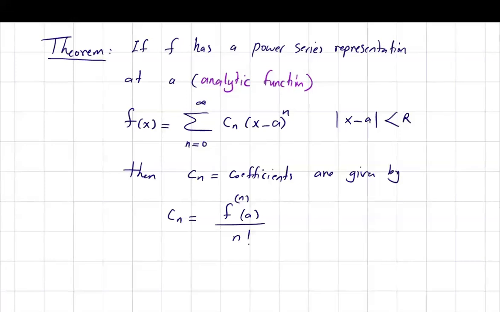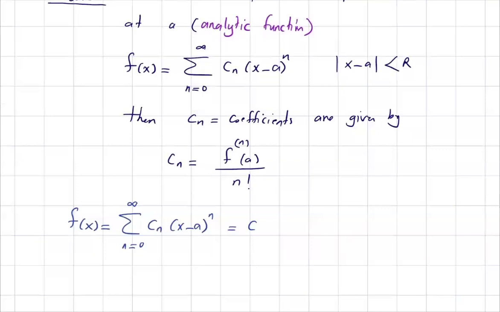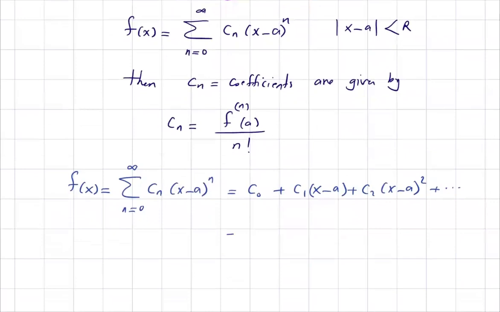So basically, if you have an analytic function, that function f of x, which is written as the summation of Cn x minus a to the power n, starting from 0 to infinity, is written as c sub 0 plus c sub 1 x minus a plus c sub 2 x minus a squared plus the rest of the terms.